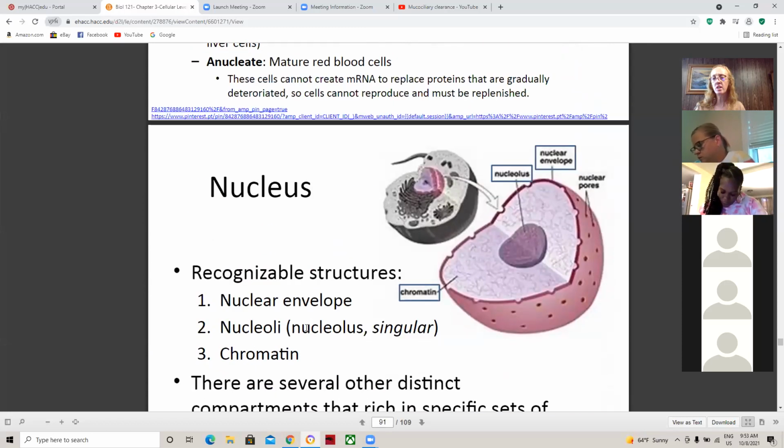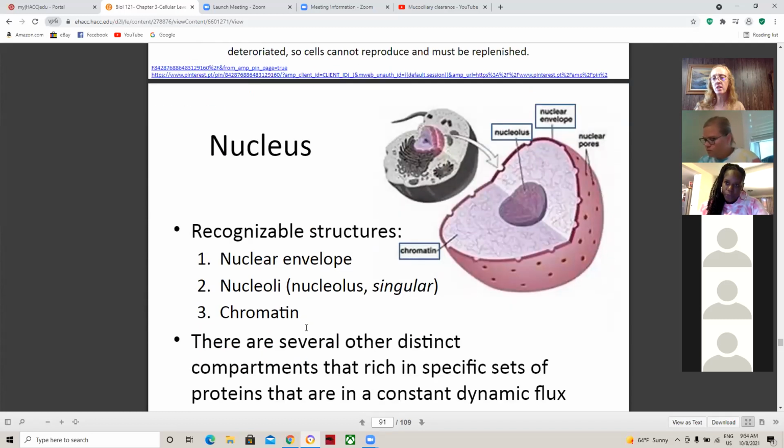Three major recognizable structures of the nucleus are the nuclear envelope, the nucleoli or nucleolus, and chromatin.